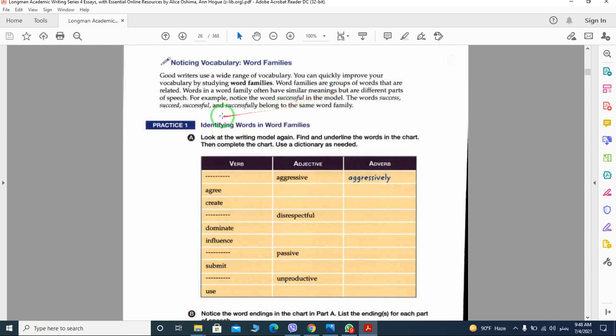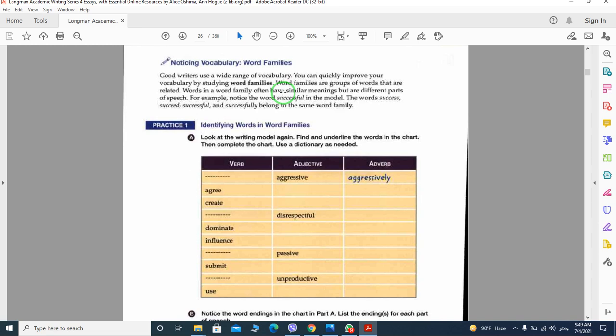Word families are groups of words that are related. Words in a word family often have similar meanings but are different parts of speech. So their meaning might be very similar, but their part of speech is different. For example, notice the word successful in the model. The words success, succeed, successful, and successfully belong to the same word family. So all of these words are related, their meaning is related, but their part of speech is different.